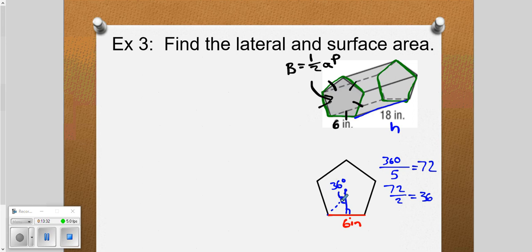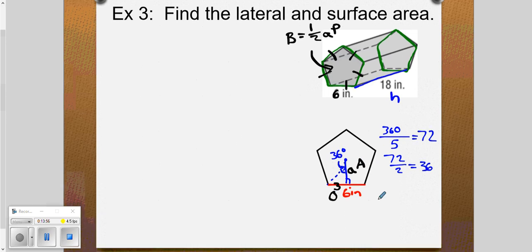And then I'm going to use a little bit of trig to find the apothem, and then I'll know what the area is. So if this whole side is 6, the part I want is 3. It's 36 degrees, so I'm going to have to use sine, cosine, or tangent. This is what I'm after. So the 3 would function as the opposite. The A would be the adjacent. Opposite and adjacent would tell me tangent.